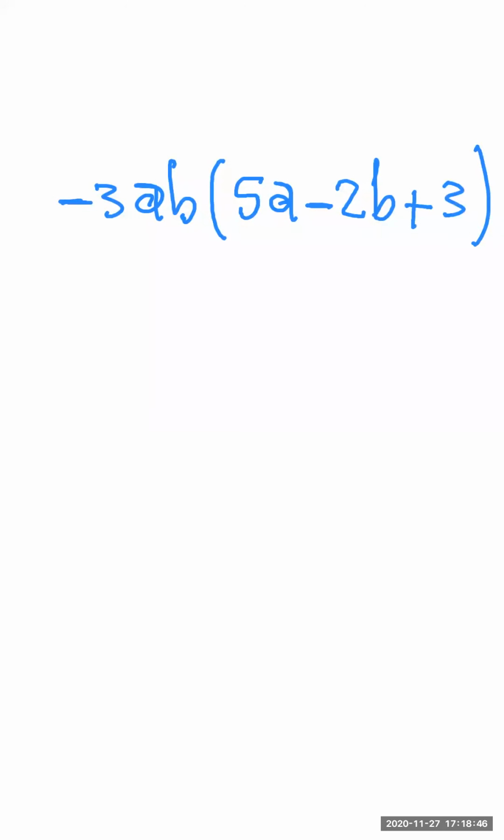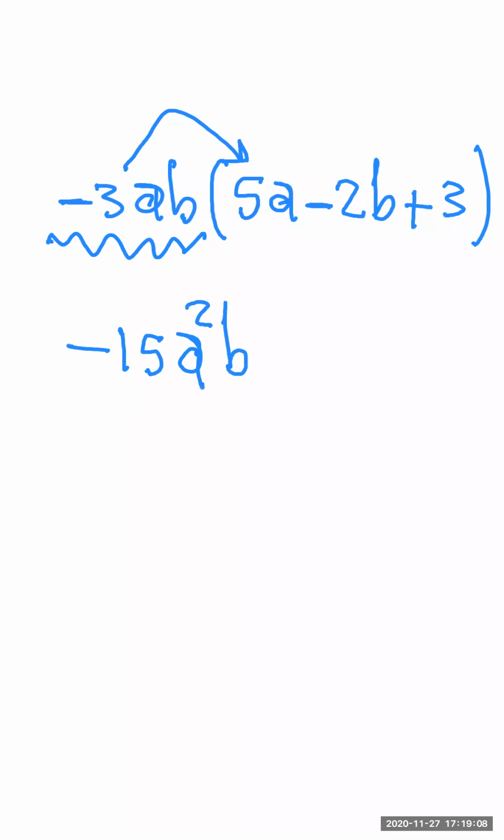Now I have to multiply negative 3ab by the whole elements inside the bracket. It's 3 elements. First I will multiply this one by the first one. Negative 3 times 5 means negative 15. ab times a, so a squared b.